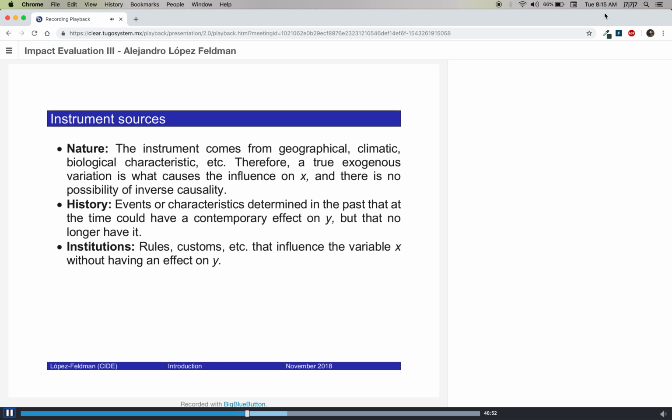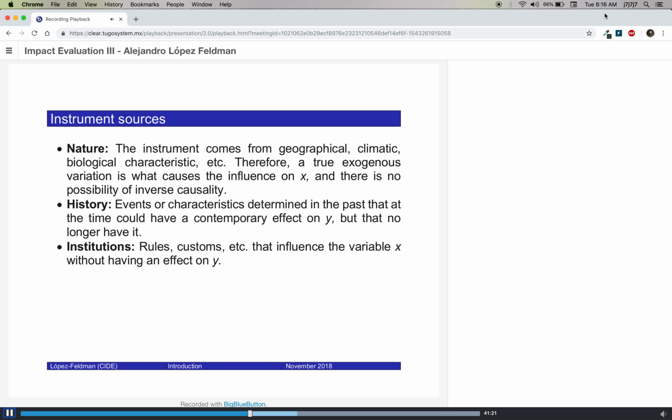So if I want to measure the income 200 years ago, clearly I need to measure how much they were able to produce regarding wheat and sugar cane, and that's why it had an effect on inequality. But this is not important today because it doesn't have an effect on income, just inequality. And the most important or interesting one is institutions.